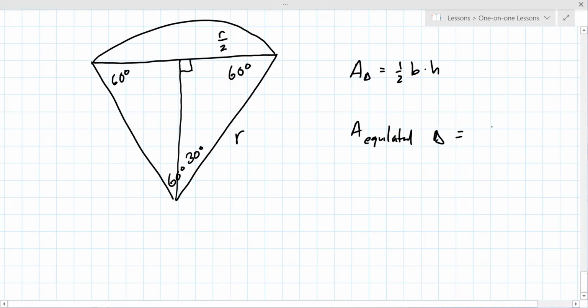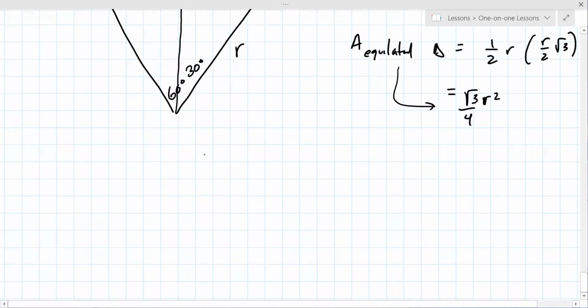So it's 1/2 r, and then you just need this side here, and it happens to be r over 2 square root of 3. So sometimes you remember this formula as r squared square root of 3 over 4. But you don't have to. You can use your 30, 60, 90 triangle stuff here.